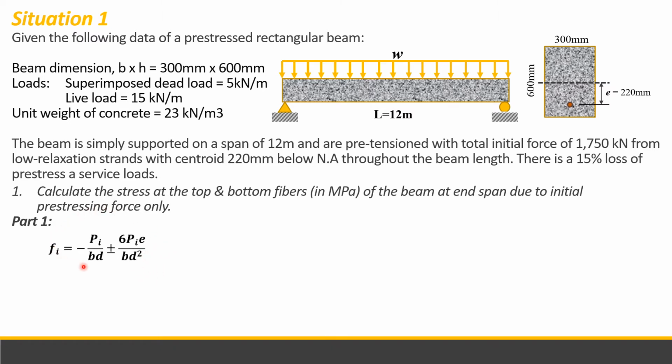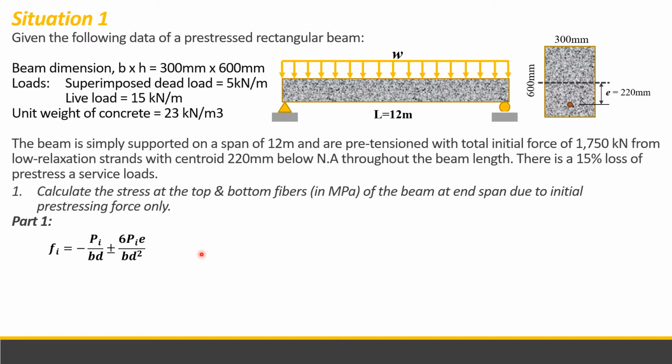This is only due to pre-stressing force: axial stress due to pre-stressing force P, and bending stress due to the eccentricity. The bending moment due to loading is not yet included, because the question is only about initial pre-stress. So this is I for initial.